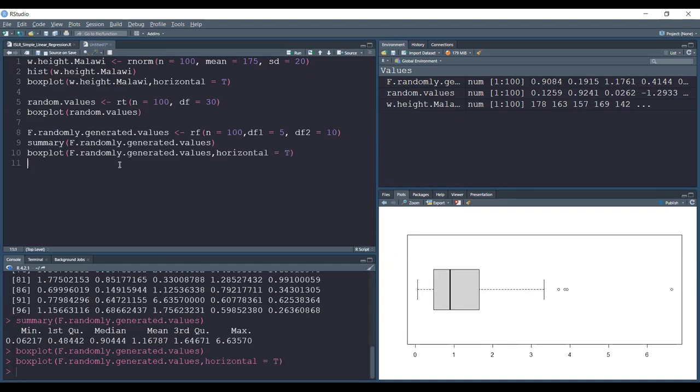If you take the first degree of freedom as 5 and the second as 10, apparently, I would have never guessed this, we get a distribution where most of the data, well, 50% of the data, is between 0.48 and 1.64, as we can see over here.